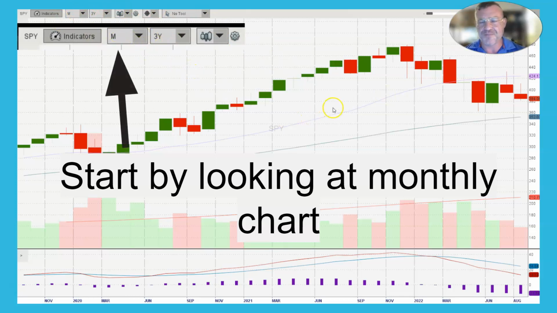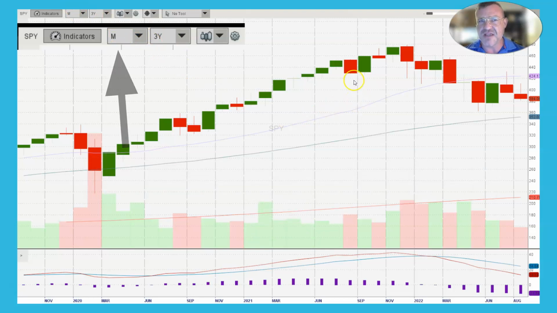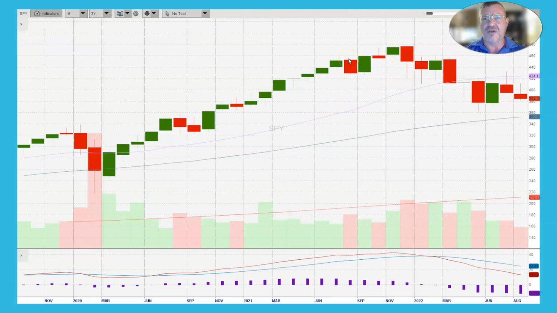Now, what does this mean? It means that with one glance, I know that our most current month opened here and closed here. When it's red, I know it closed lower than it opened. When it's green, I know it closed higher than it opened.